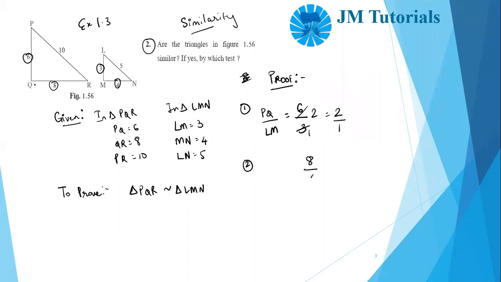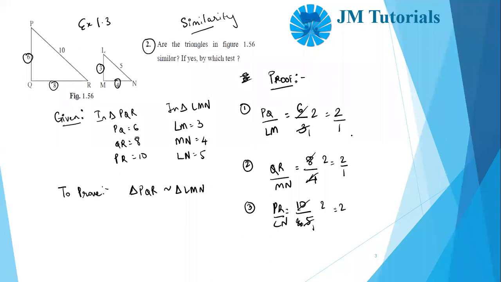So basically QR upon MN, that is equal to 2 by 1 again. Third, PR, that is basically 10 upon LN, that is 5. So PR upon LN, again 2 by 1. So the ratios are equal.